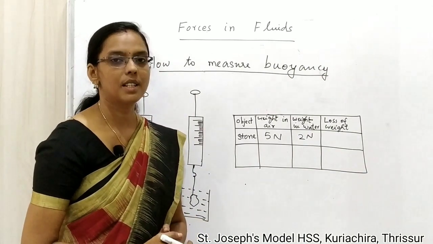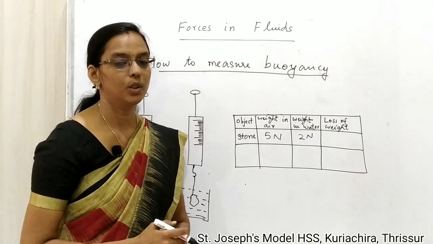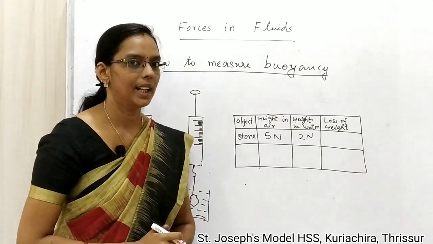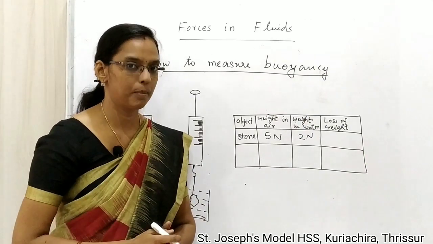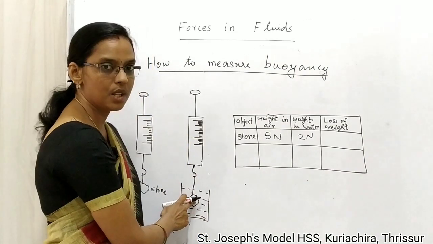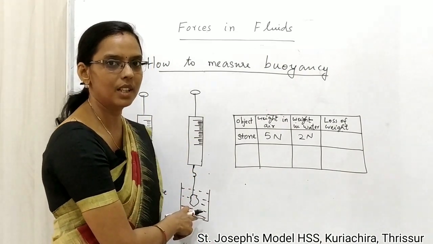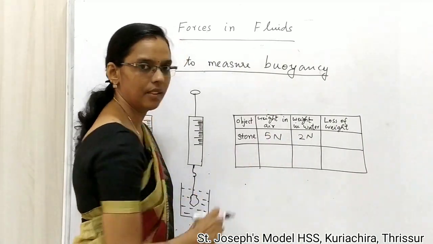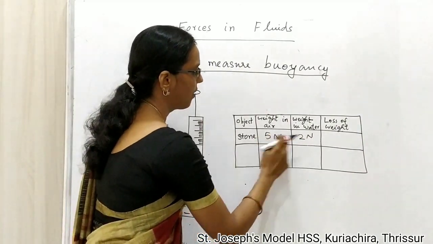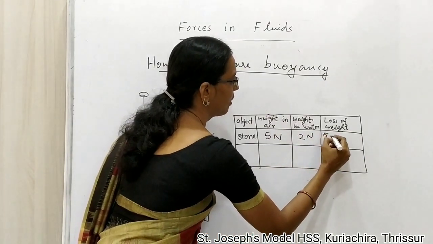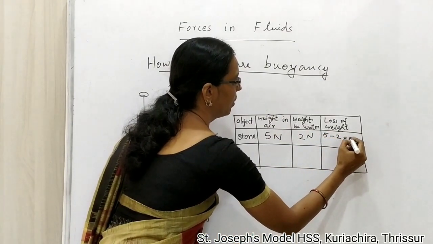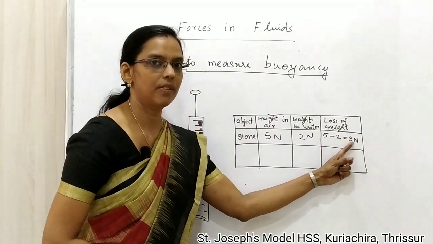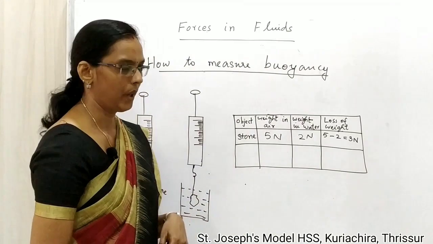So why does this difference happen? You already studied that water helps in upward direction. That means there is a buoyant force or upward force acting on the stone when it is completely immersed in water. So that is why there is a weight difference. So what is the difference in weight? 5 minus 2 is equal to 3 Newton. So this 3 Newton difference of weight is due to buoyancy.